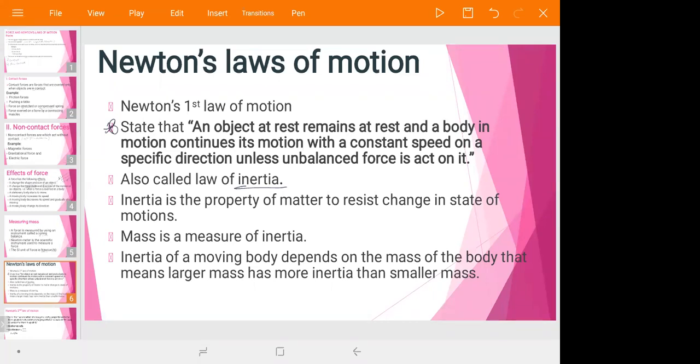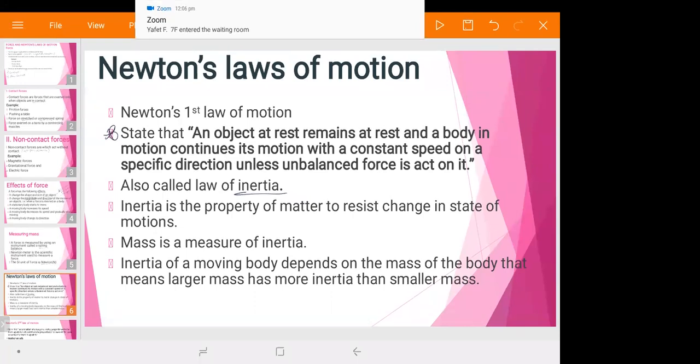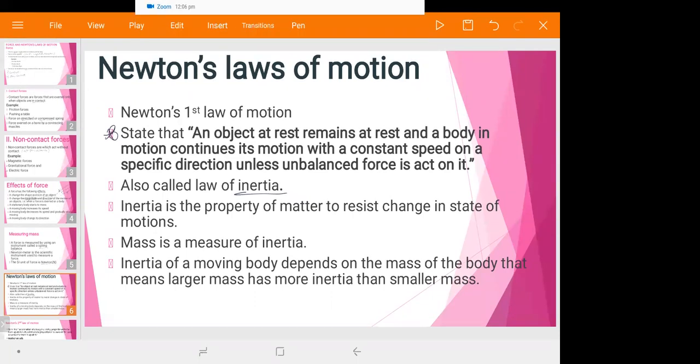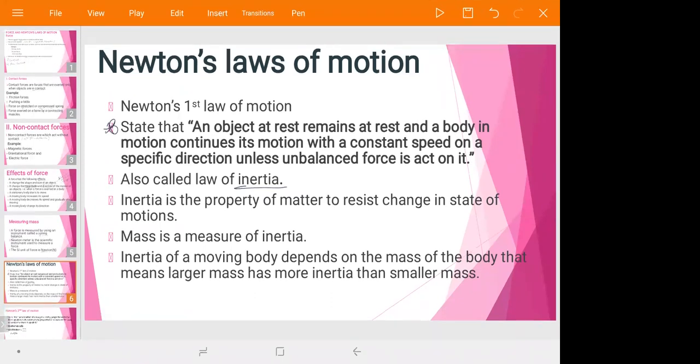So its inertia resists the change of state of motion. A body at rest wants to continue at rest, and a body in motion wants to continue in motion on a straight line. This is the property of matter that we call inertia. Have you understood what inertia means?